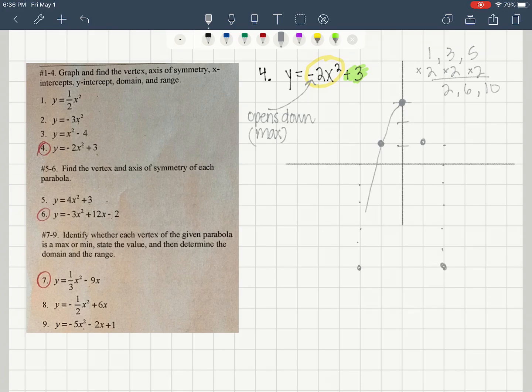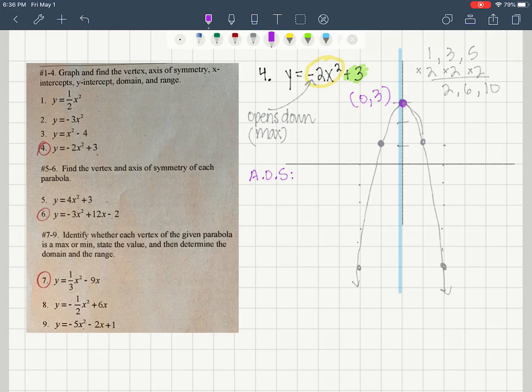Now the axis of symmetry, you can see it. We've got that symmetry happening that goes right through the vertex. So the axis of symmetry, which goes right through the vertex of 0, 3, is x equals 0.